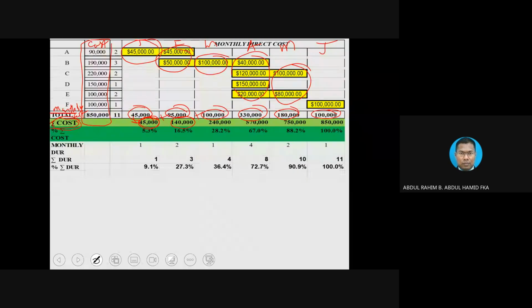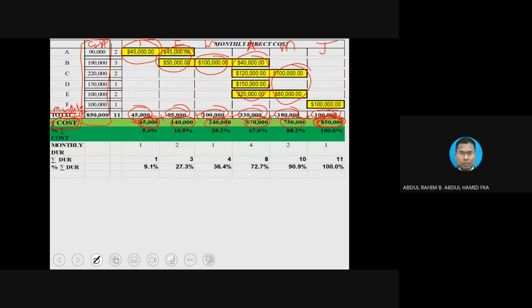And for March, 140 plus 100, 240. For April, 240 plus 330, 570. 570 plus 180, 750. And lastly, 750 plus 100,000, it becomes 850,000.